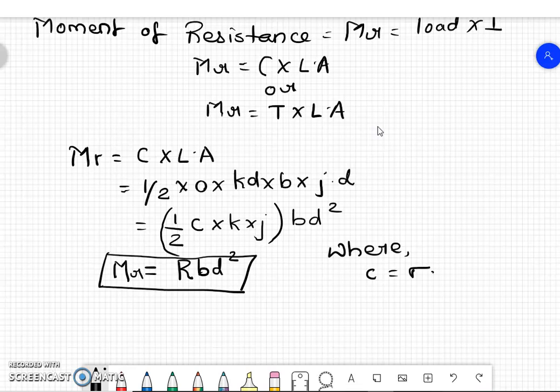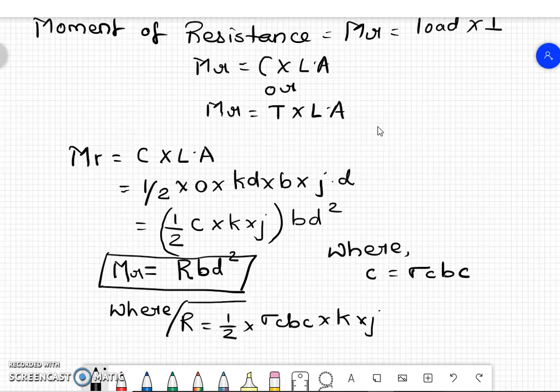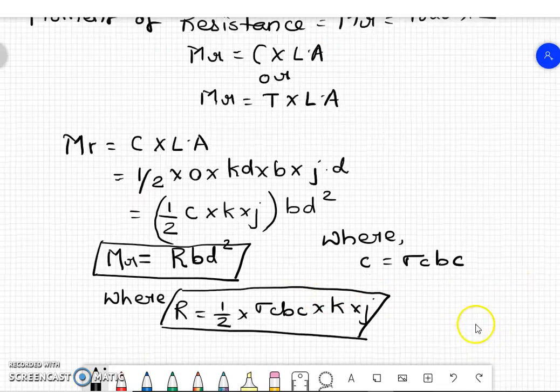C we can write as sigma CBC, that is the stress in concrete. So here R is equal to half sigma CBC into K into J, and MR is equal to RBD square.